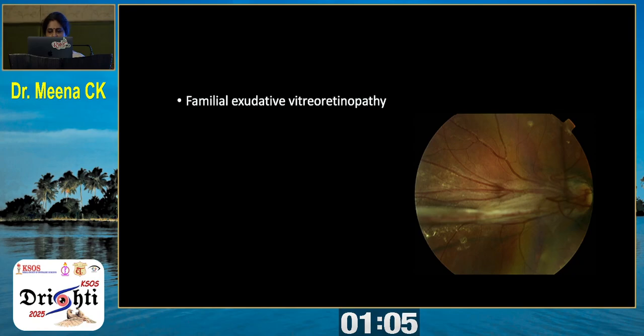And familial exudative vitreoretinopathy is yet another condition where the white glow may not be that significant depending upon the grades. And this also, again, you need posterior segment help.